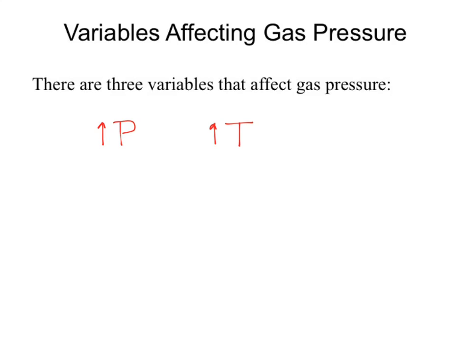So if we're going to take that information and try and convert it into some kind of mathematical expression, that's where it becomes a little bit trickier. We can't say they're equal to each other because they aren't. There are other things that contribute to pressure. But we can look at a proportionality.